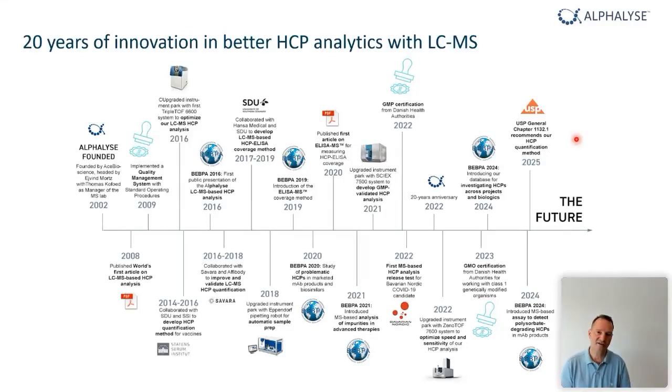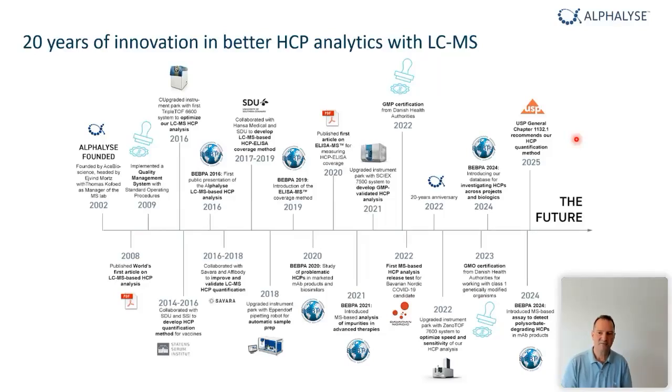And in 2013, we started providing this as a service to biopharmaceutical clients. Since then, we have run a lot of projects on different types of biologics. We have gathered a lot of experience from different drugs and HCPs, and we have kept optimizing the methods.